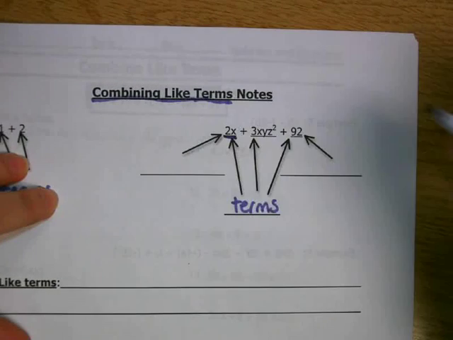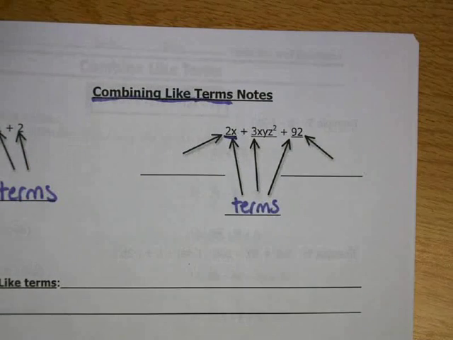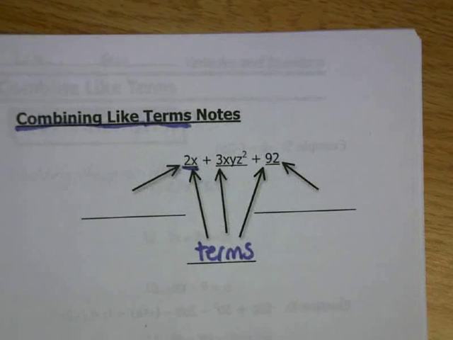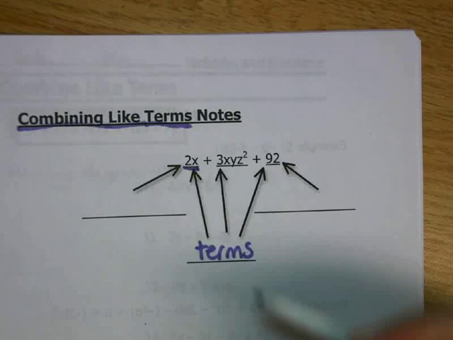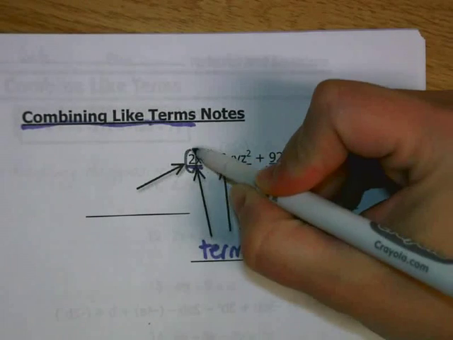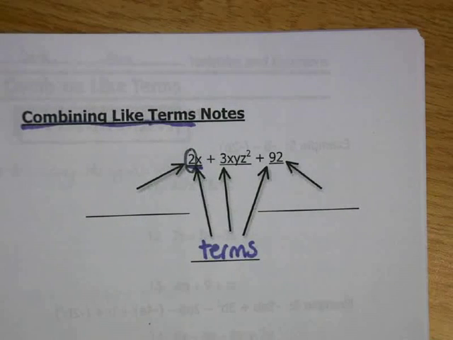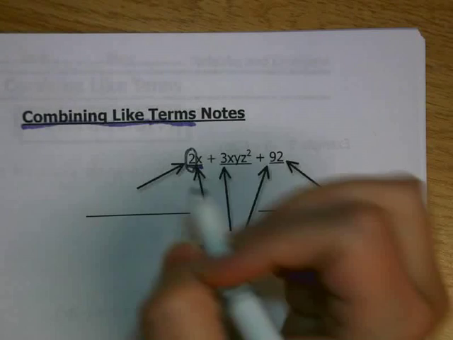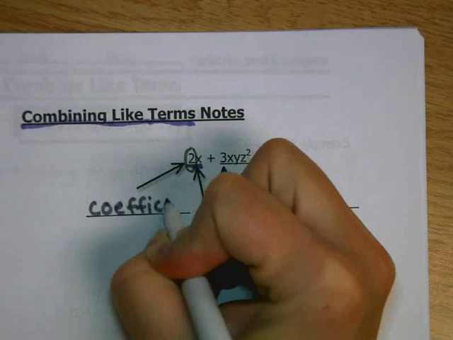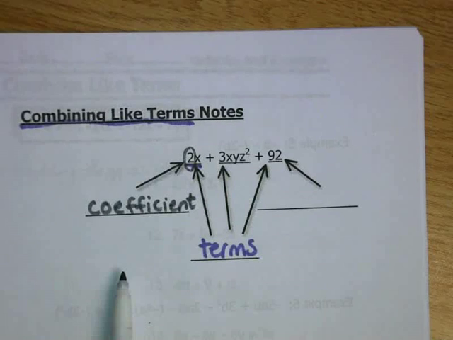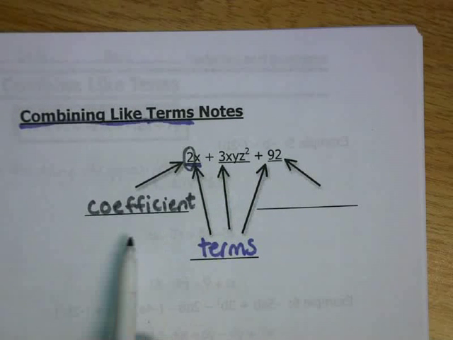All right, a couple more vocab words for us. If we have this particular term right here, 2x, I'm going to zoom in a little bit. We've got 2x, and we know that means 2 times x, right? It also means you can think about it as there's 2 x's. If there's a number in front of the variable, that too has a name. It's called a coefficient.